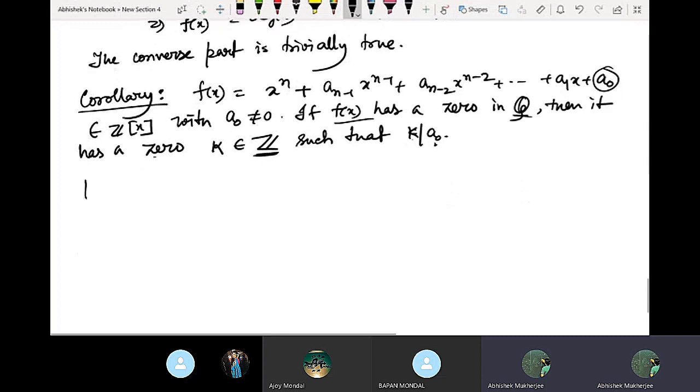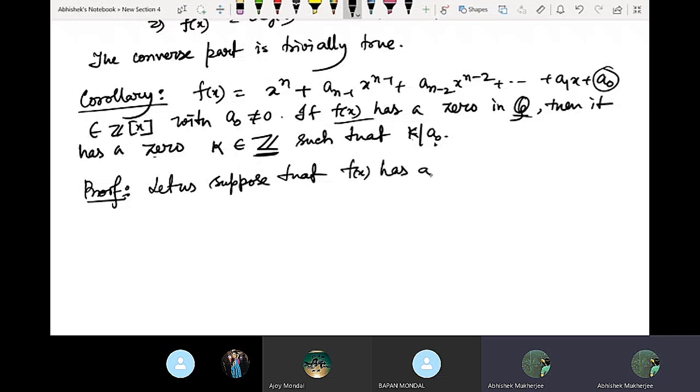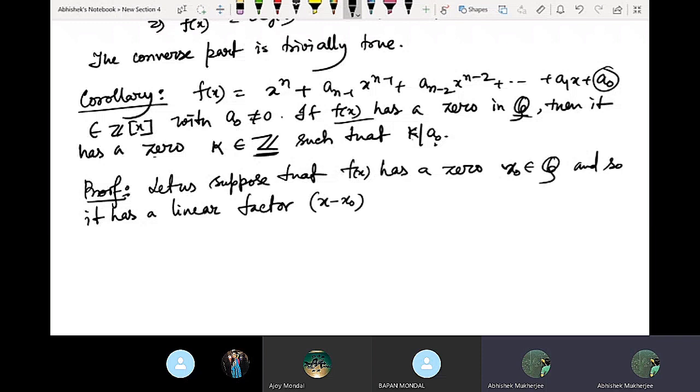The proof is obvious. Let us suppose that fx has a 0, x0 belongs to Q, and so it has a linear factor x minus x0 belongs to Qx.